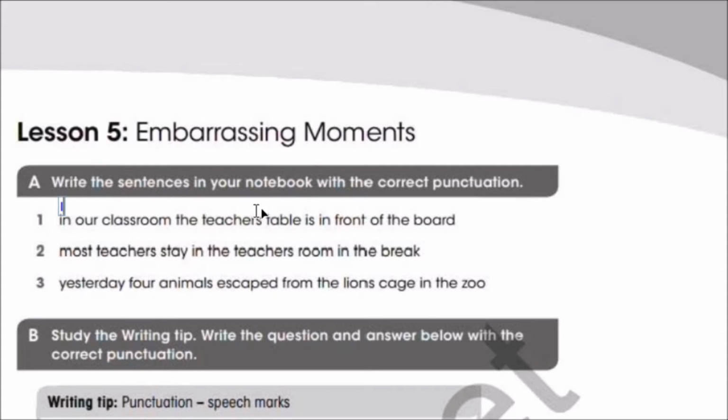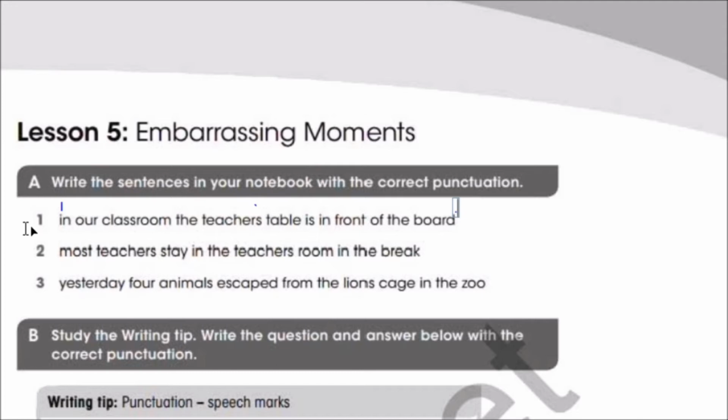And we have an apostrophe here. You can put it before the S. It's used for the possessive S. Very good. And in the end, we use a full stop. Now you have to write these in your notebook, the whole sentence with the punctuation.